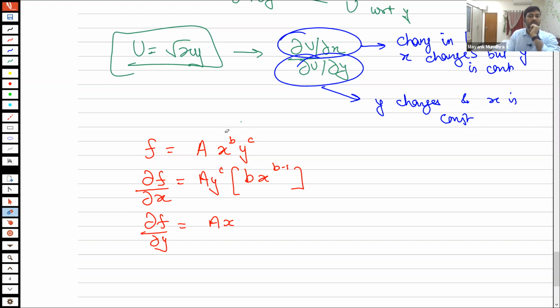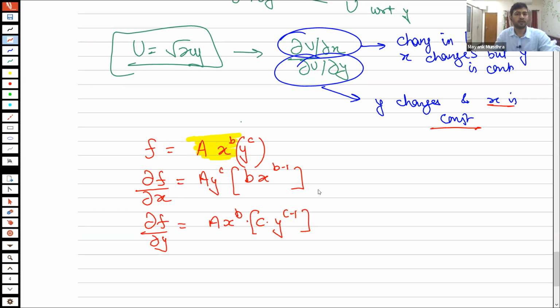Now, when you're differentiating with respect to y, x is constant, right? So since x is constant, you keep a x to power b as it is. The differentiation of y to power c would be c times y to power c minus 1. Okay.